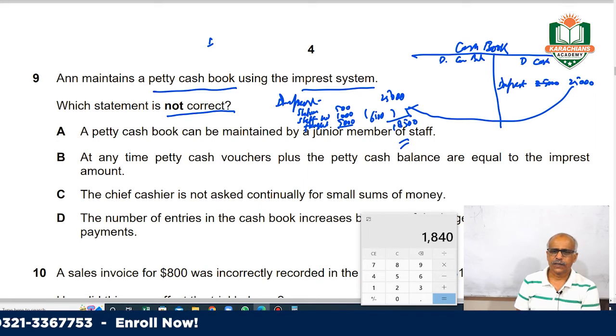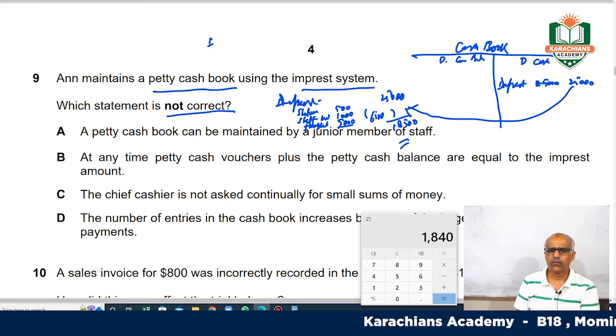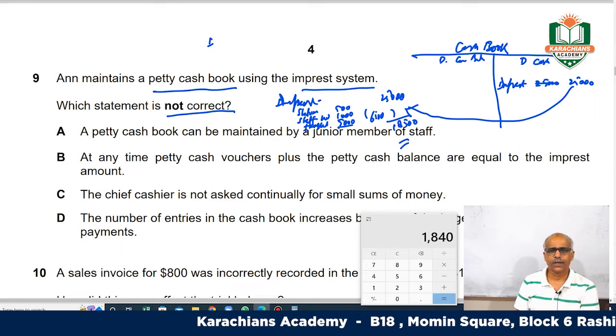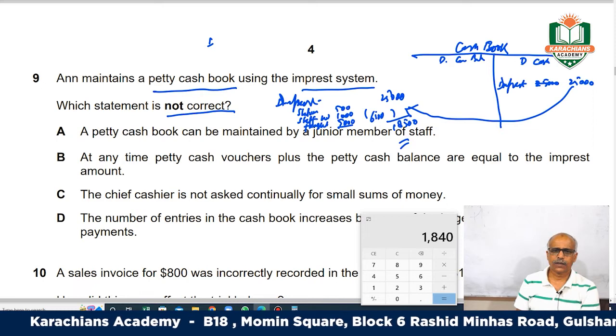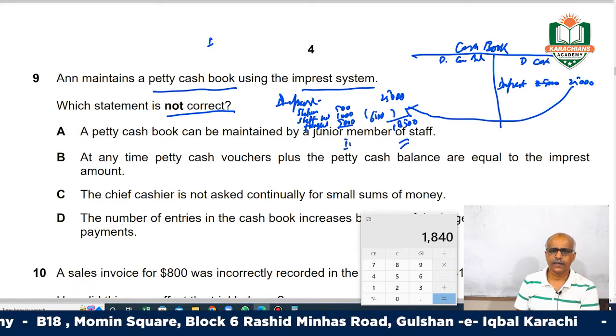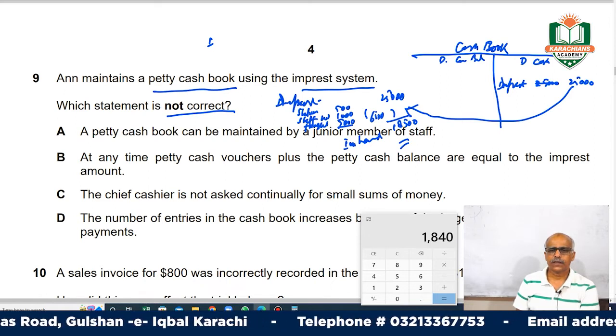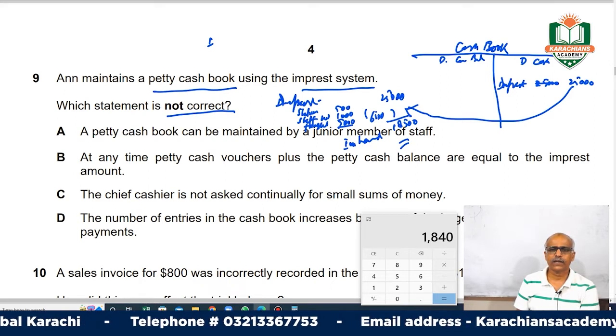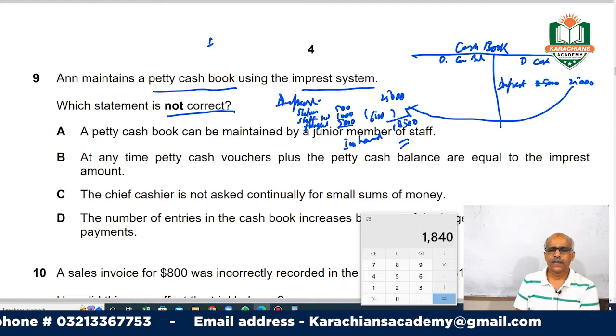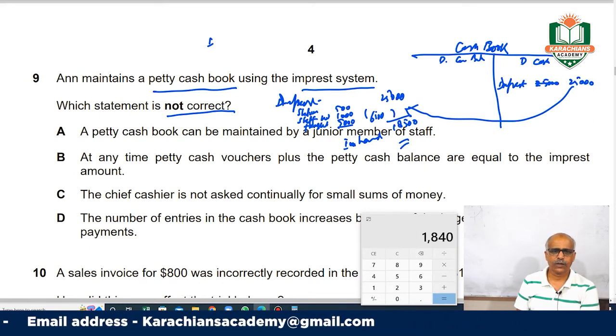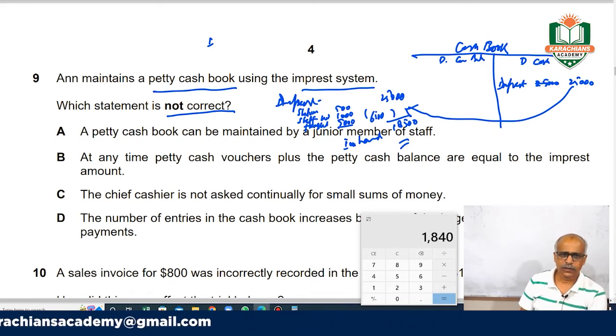These are your expenses. If you total all your expense vouchers and add the balance, it will always be equal to your total imprest, right? So in hand, this is your cash, 18,500. If you add the in-hand cash and all the vouchers which you have paid, this will always be equal to the imprest. This is the story behind it.